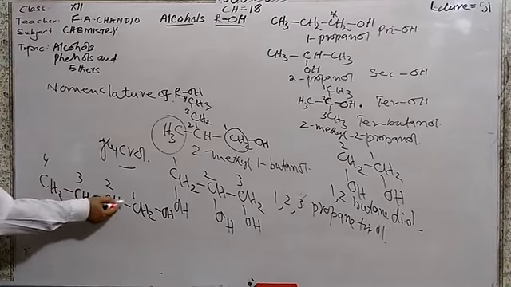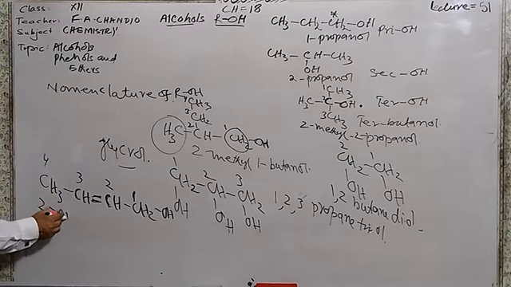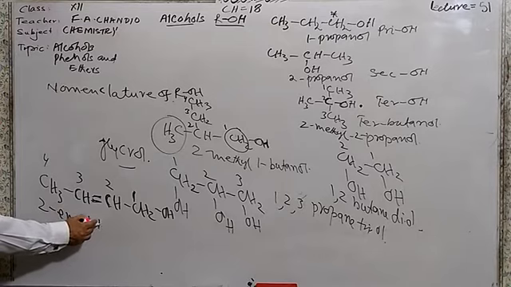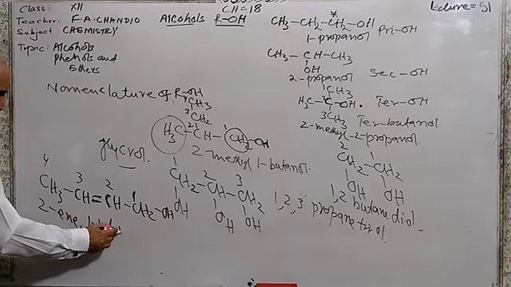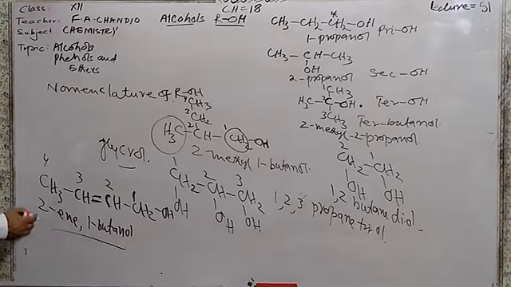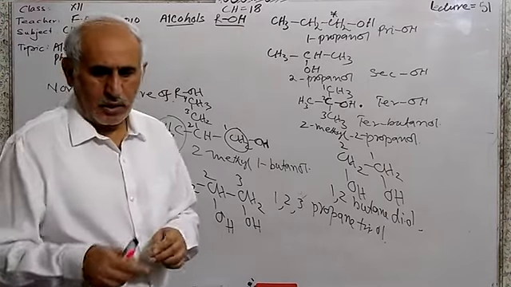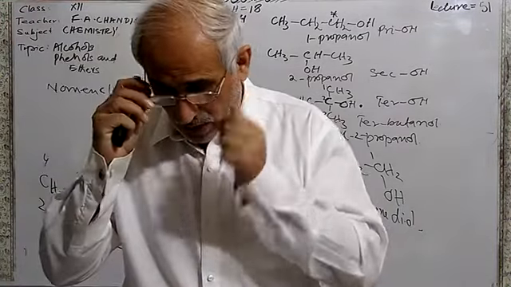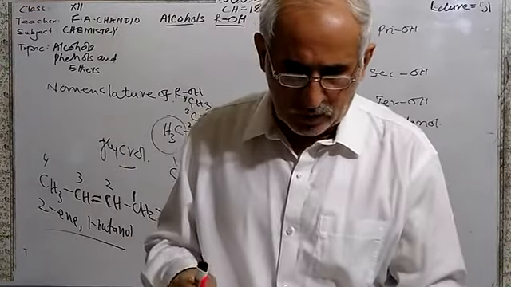There is an ene starting from here. The position of the ene is 2, so 2-ene-1-butanol. This is the nomenclature of another type of alcohol.